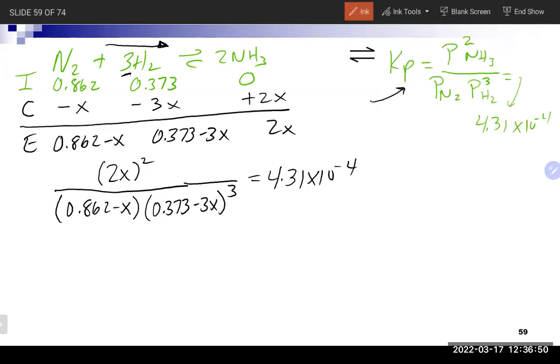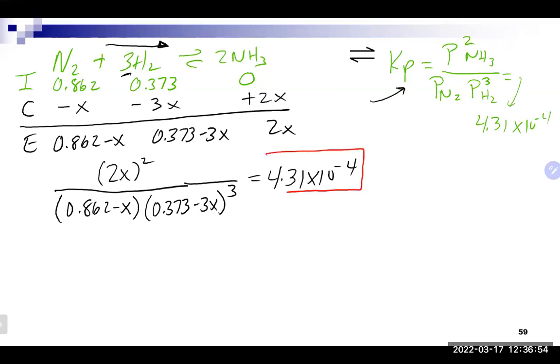And one thing that could help us out in this situation is the value of Kp. Is the value of Kp a large value or a small value? It is a small value, right?